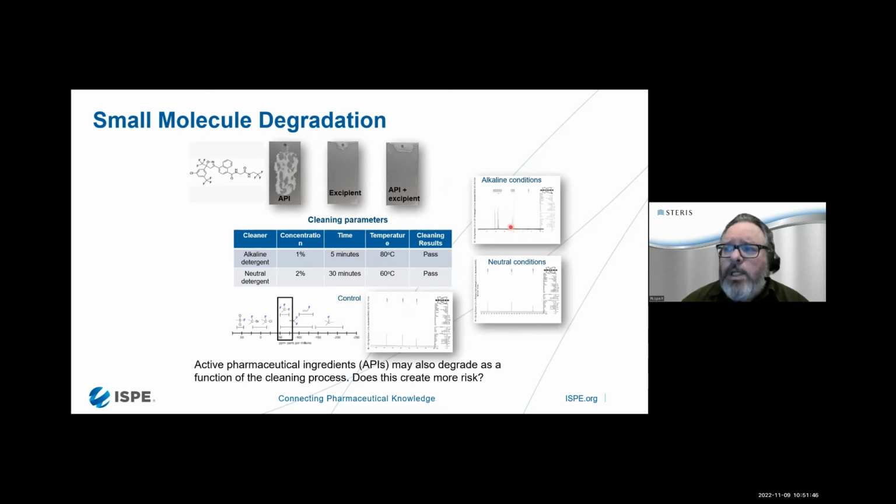So therefore, it potentially changes our toxicity profile. It also changes whether or not our analytical method is going to be acceptable. However, if we clean with a neutral product at 2% for 30 minutes, we have an intact molecule, and now our analytical method and our toxicity evaluation can be effective. So utilize that degradation information on determining the performance of the analytical method that's used, as well as the toxicity information that you have in setting your limits.